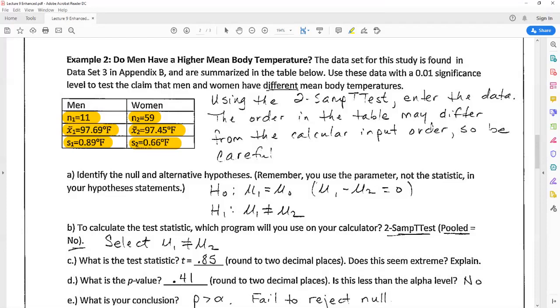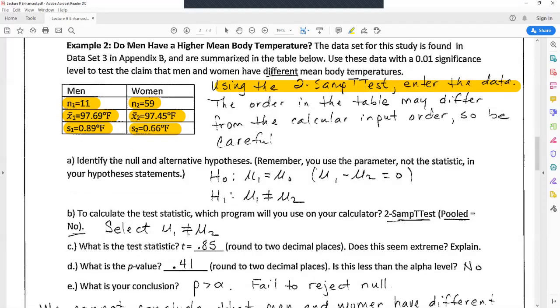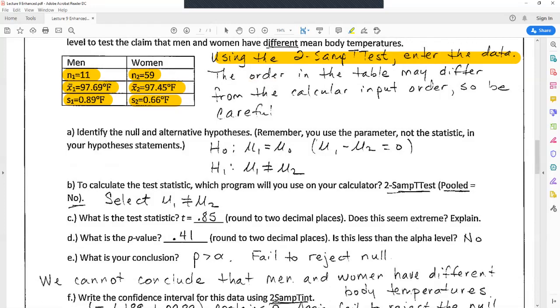So we will use the two-sample t-test. We will enter the data. And again, the order that the values appear in the table may not correspond to the order for the calculator entry. So watch your step there.